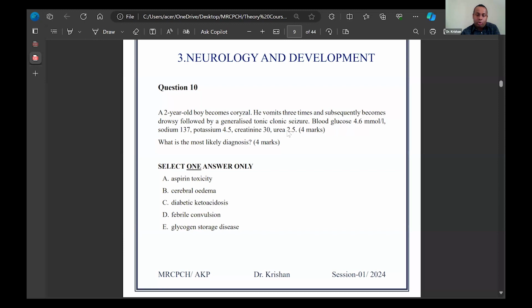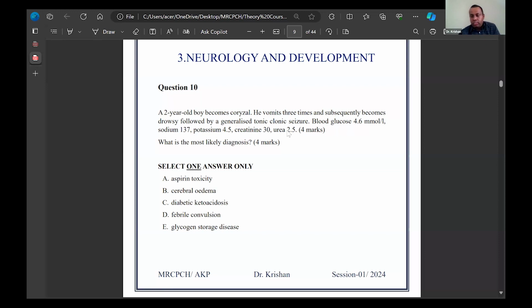Is it aspirin toxicity, cerebral edema, diabetic ketoacidosis, febrile convulsion, or glycogen storage disease? Right. Okay. So what do we think of this?